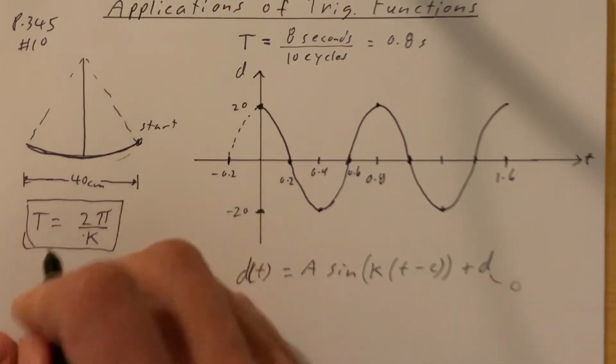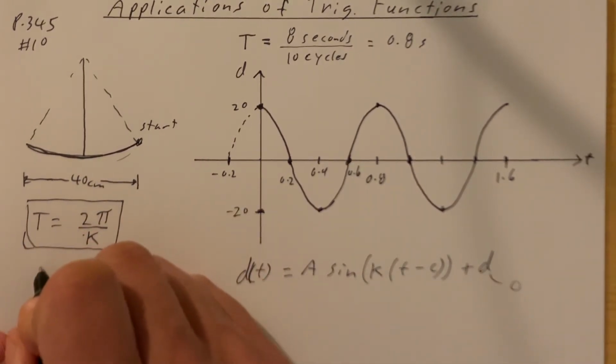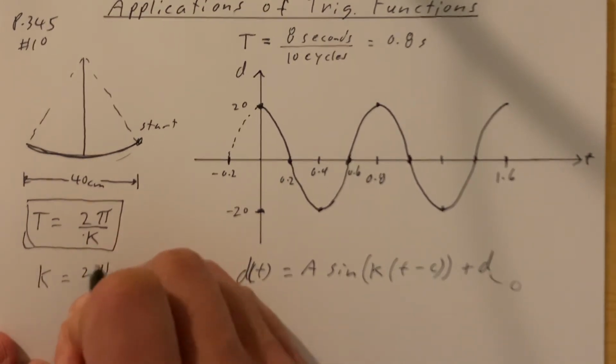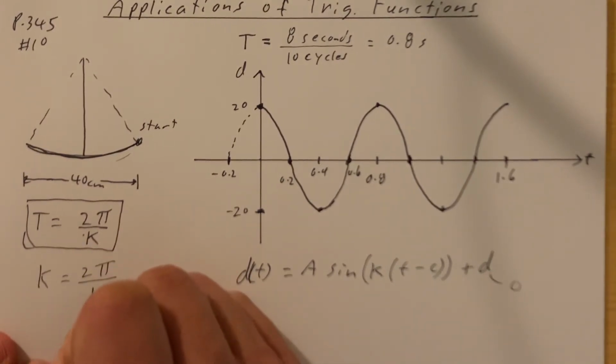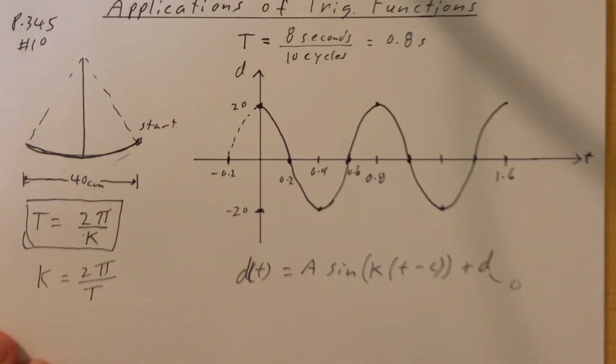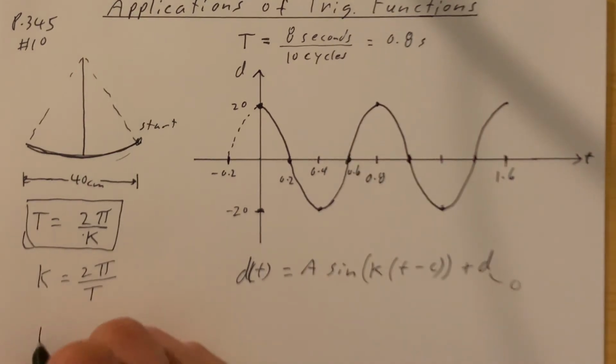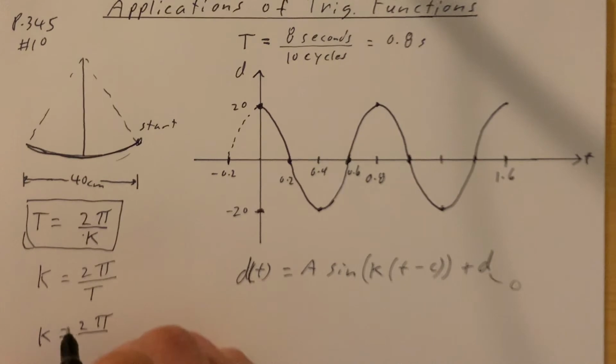Now if I want to find K, bring the K up and the T down, equals 2 pi, so K equals 2 pi over T. And we know what the period is. The period is 0.8. So K equals 2 pi over 0.8. We could just divide this out and leave it as decimals, or we can make it a nice fraction, because 0.8 is a nice fraction.